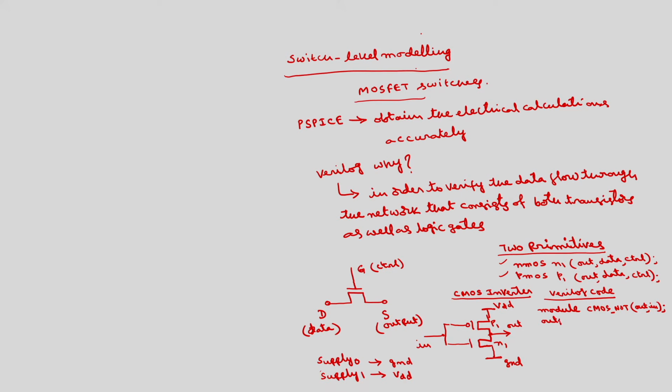Output is out, input is in. In addition, you have to give supply 0, which is nothing but GND, and supply 1, which is nothing but VDD.